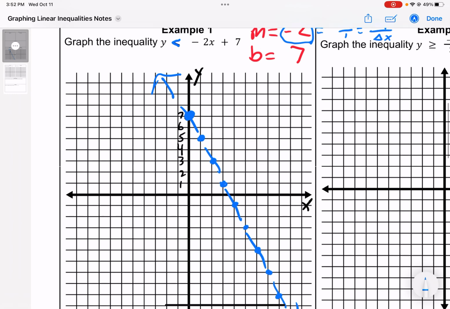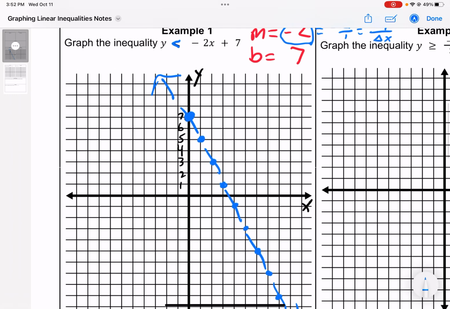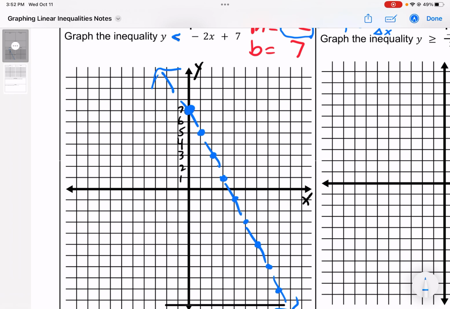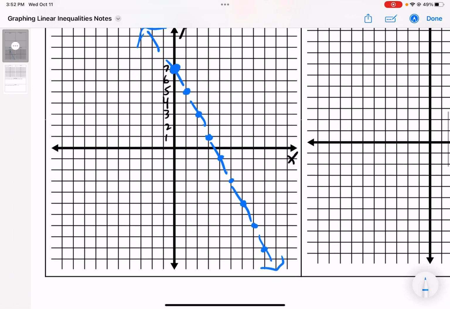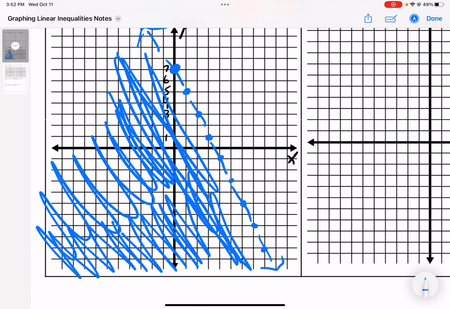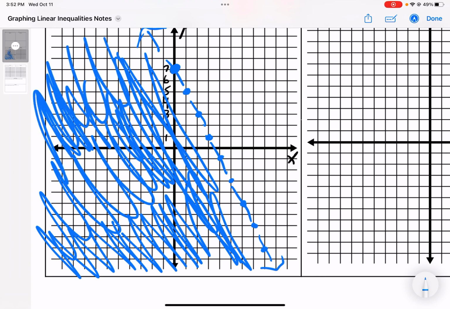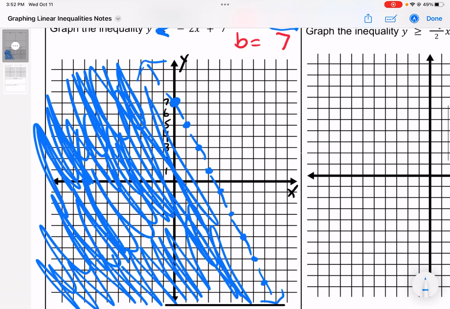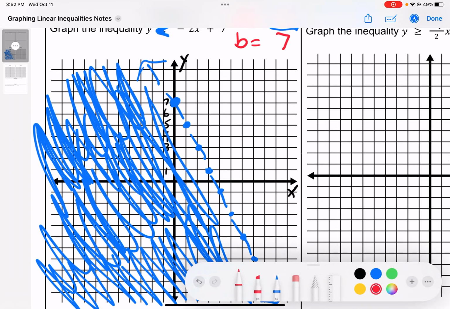So now I have this dashed line, and now I have to shade. So I'm going to shade because everything less than this line is included. So I'm going to shade downwards. And so obviously shading wasn't a part when we had equal signs because it's only a solution if it's on the line. But for inequalities, any point in this shaded region is a solution to the inequality, right?